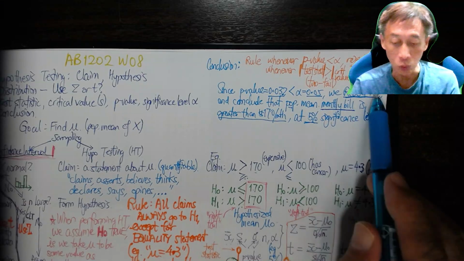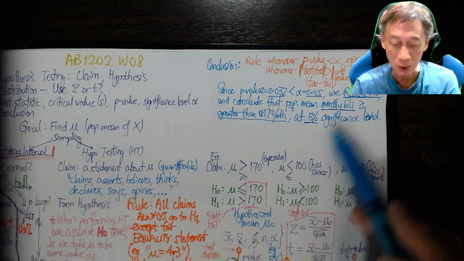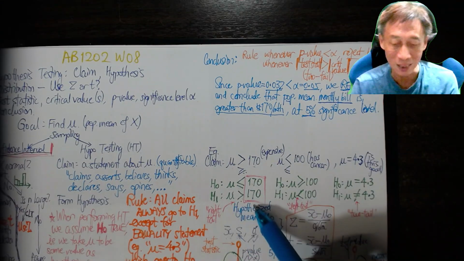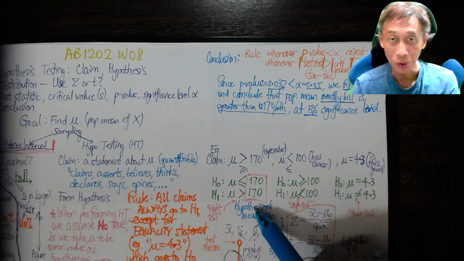If it is do not reject, you just read what H naught says. If it is reject, you just read what H1 says in English, no Greek.